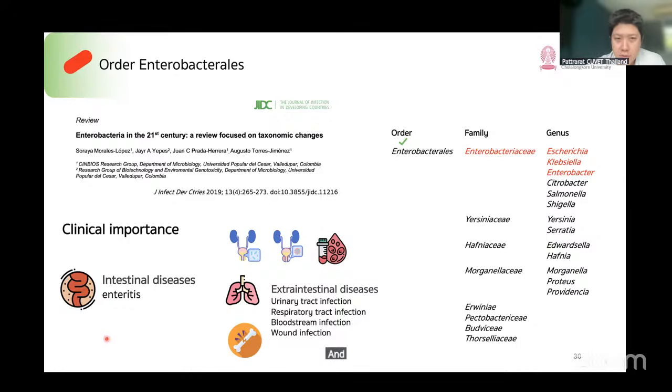And moreover, Enterobacterales can cause extraintestinal infections or disease, such as urinary tract, respiratory tract, bloodstream, and surgical site infections, depending on the site, because they have the virulence factors to promote it.